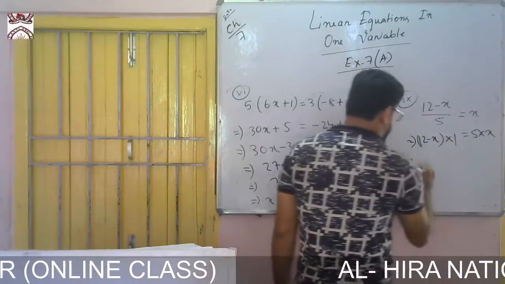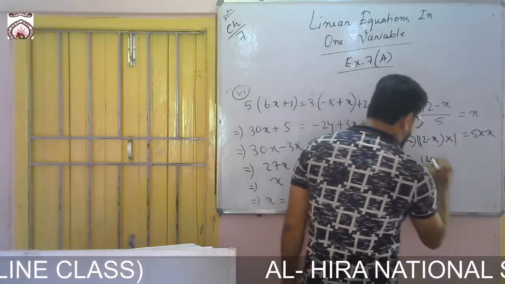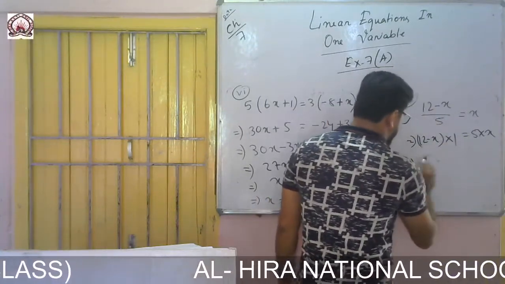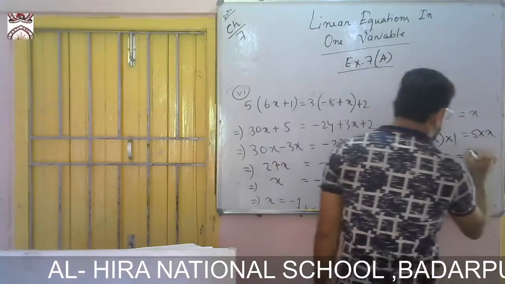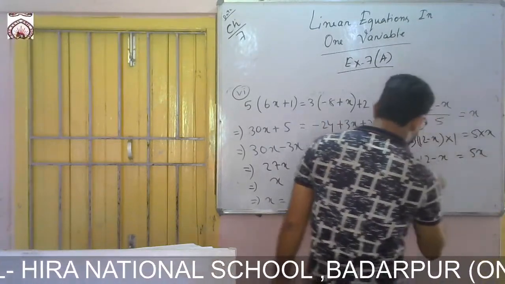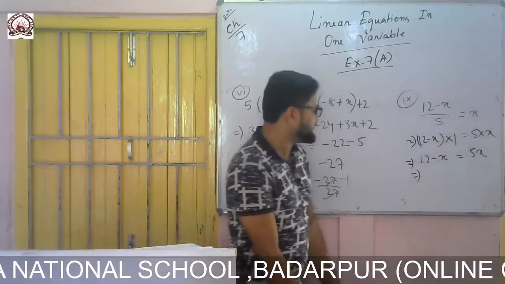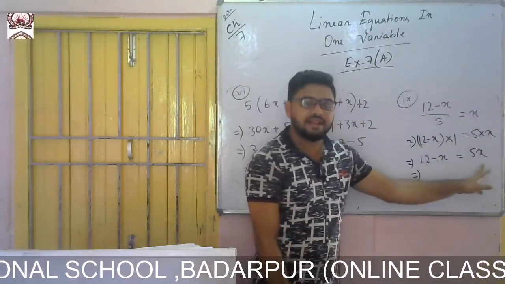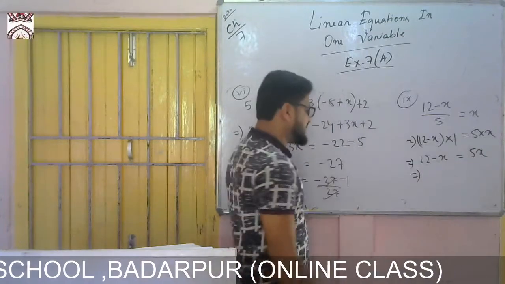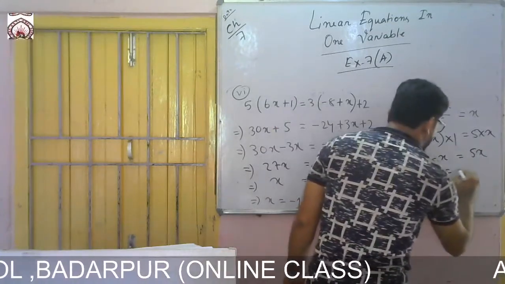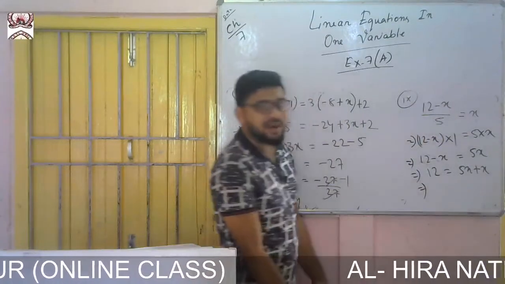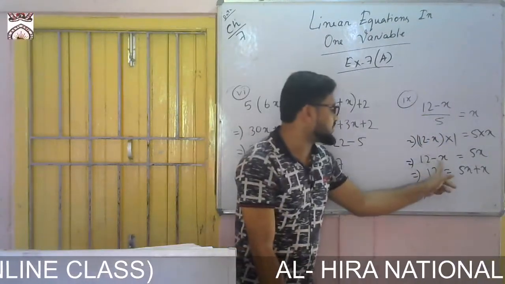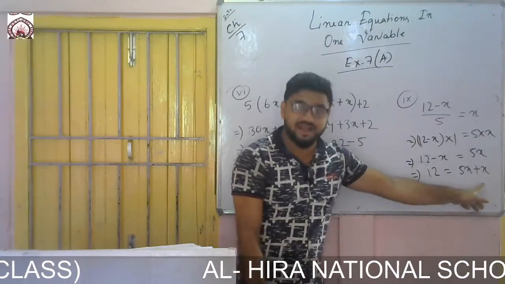Understood? Now you multiply this one, then it will come 12 minus x, and here 5 into x, that means 5x. Now if you take this one on the right side, it will go plus. So 12 equals 5x plus x, because it is minus, so on the right side it becomes plus x.